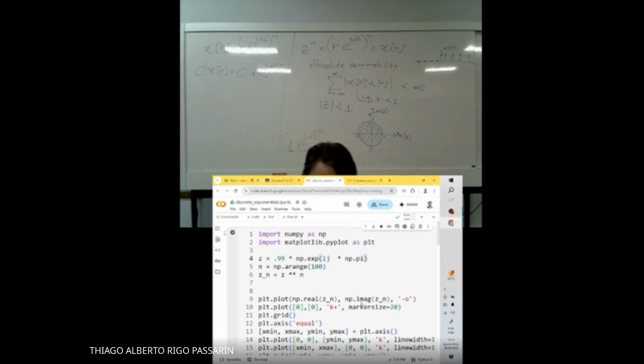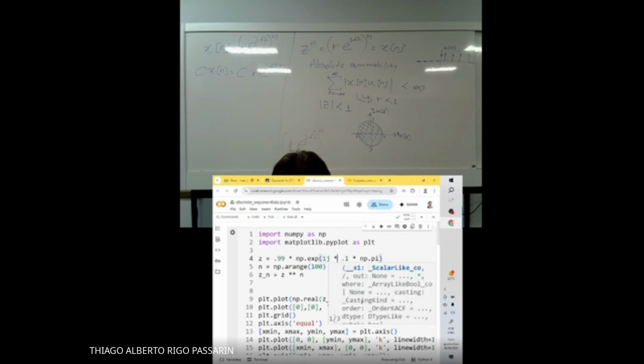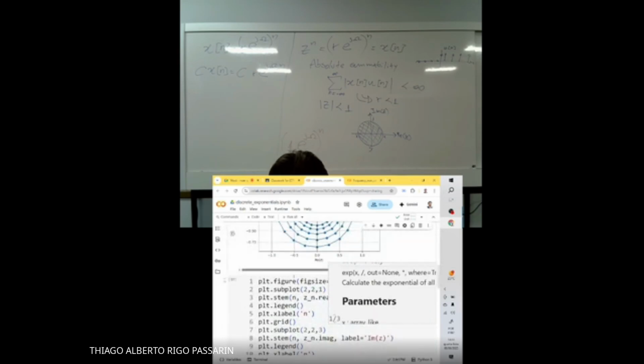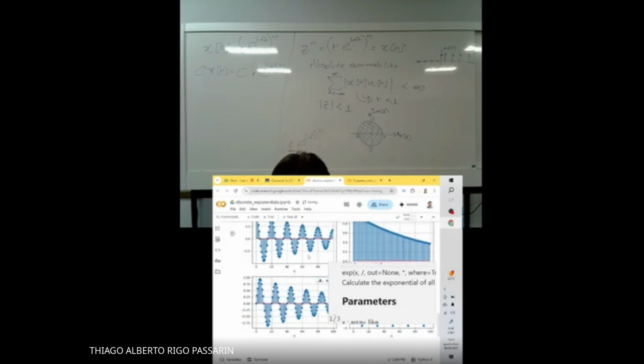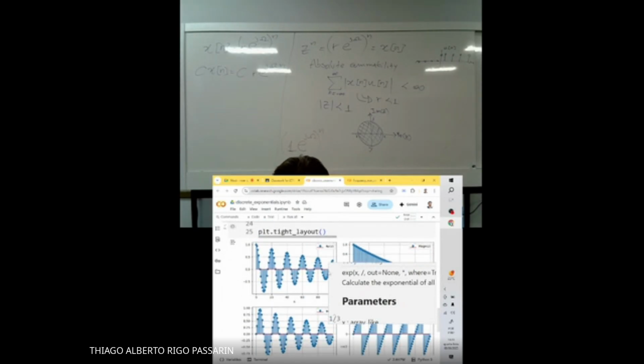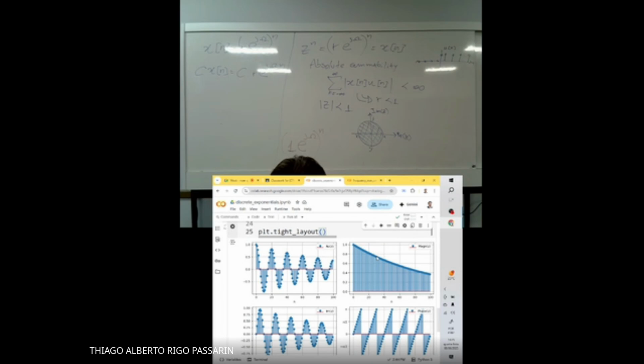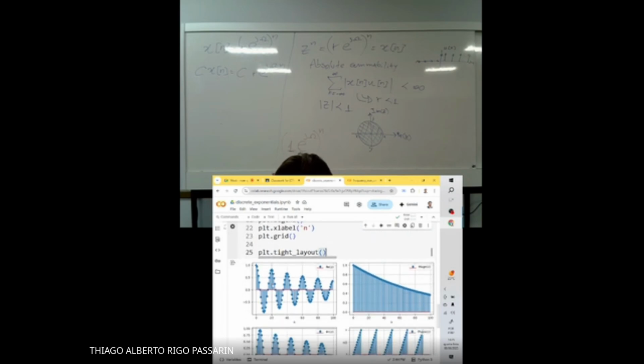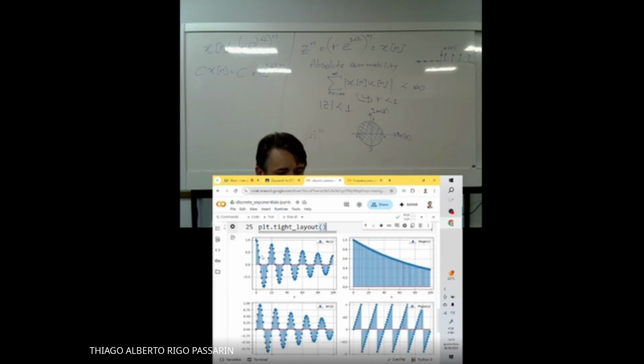So let's try to draw an interesting example here. Point 1 and np dot pi. This is our function. Notice that this is the cosine part, so it starts at 1, and this is the sine part, it starts at 0, just like cosine and sine are expected to behave.